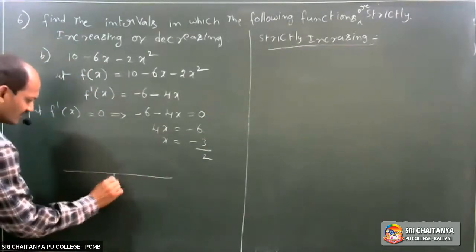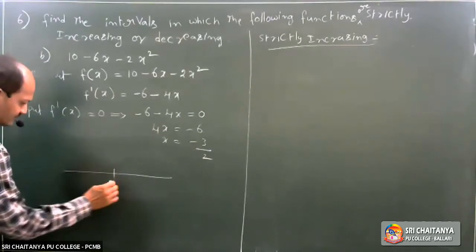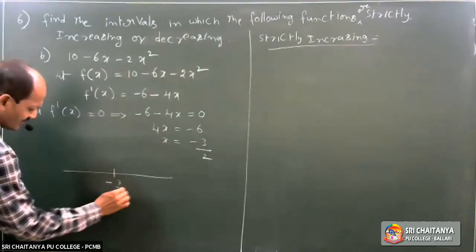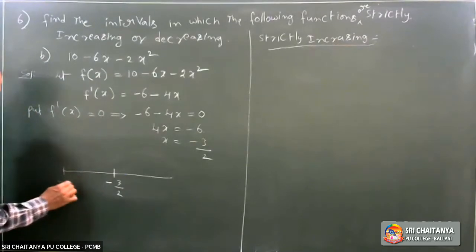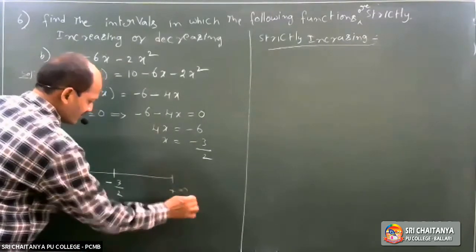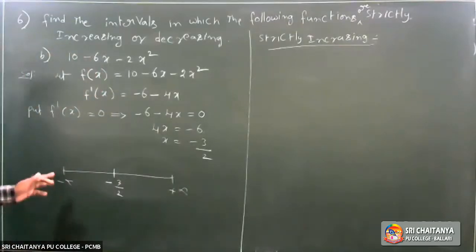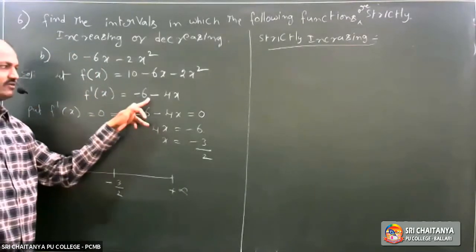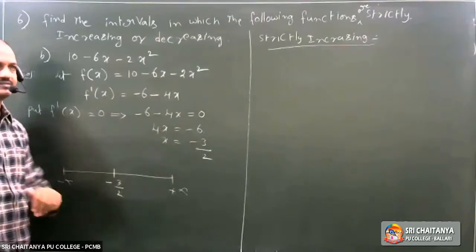So here x is equal to minus 3 by 2. Before is up to minus infinity, above is up to plus infinity.